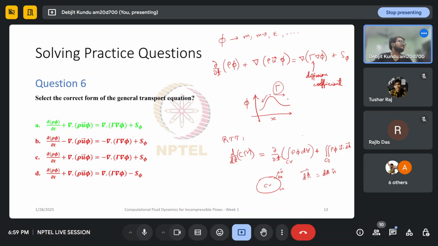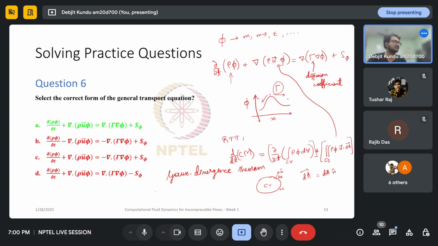Now, this term, if we differentiate, gives us this, and this term, if we differentiate, gives us this. Not just direct differentiation would occur, you have to convert this. A surface integral can be converted into a volume integral using Gauss divergence theorem. You must have learned this in maths; you can always go back and check. So Gauss divergence theorem helps us convert surface integrals into volume integrals.